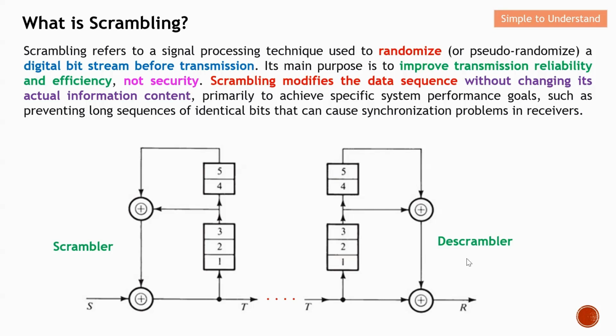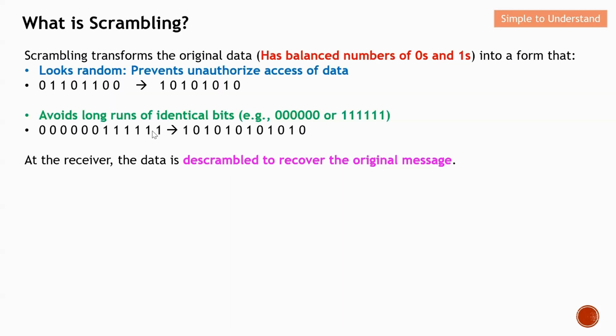Because on the receiver side, I have this descramble to reassemble the original signal that was intended to be sent. The primary aim is to achieve specific system performance goals, such as preventing long sequences of identical bits, for example, long ones or long zeros. This is also to establish time synchronization, because long runs can cause synchronization problems in the receiver. These are the two purposes of scrambling.